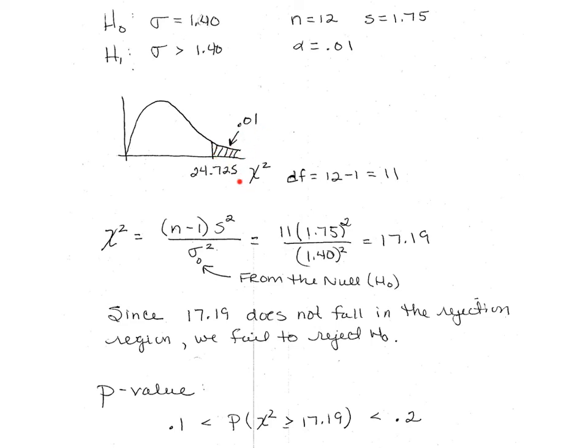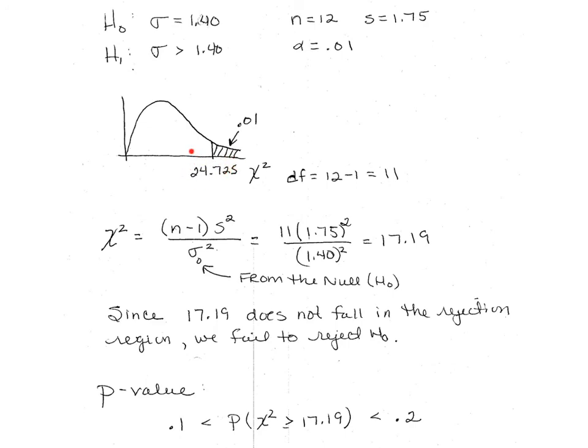And we need degrees of freedom for a chi-squared, and the degrees of freedom are n minus 1. So we have 12 minus 1, which equals 11. So we're going to look at the table where degrees of freedom is 11 on a chi-squared under the column of 0.01, and we find that we get 24.725.